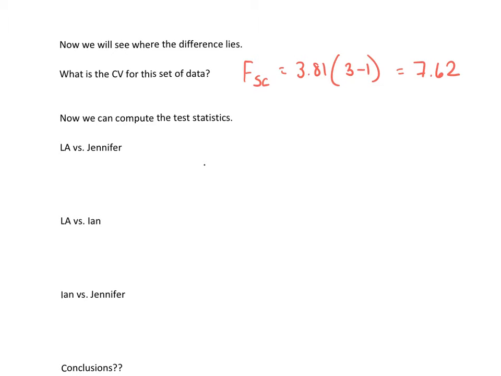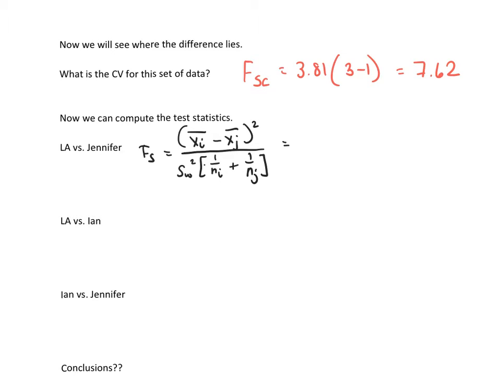So if we recall, the formula is going to be x sub i bar minus x sub j bar, all squared, over the within group variance times 1 over the first sample size plus 1 over the second sample size.